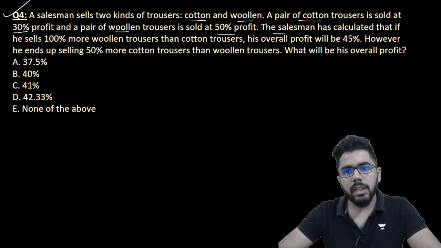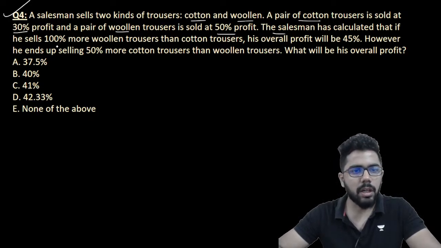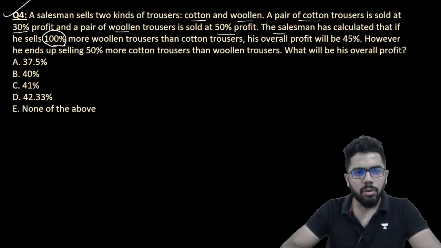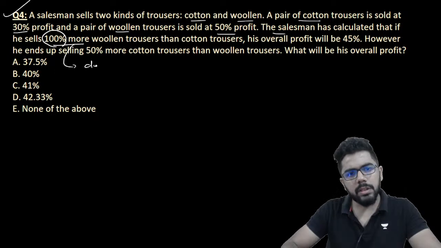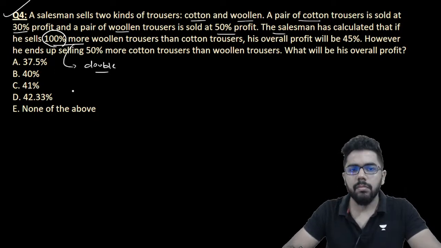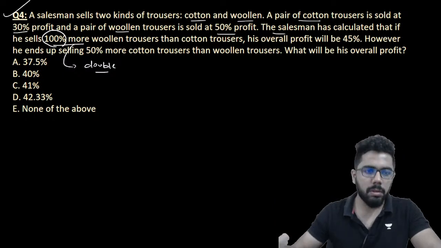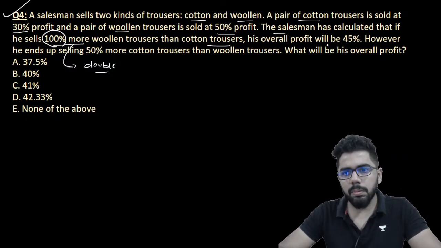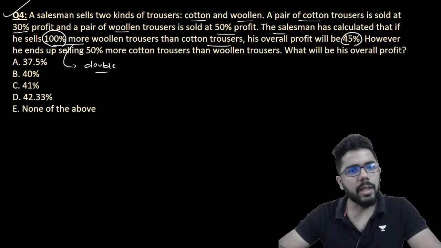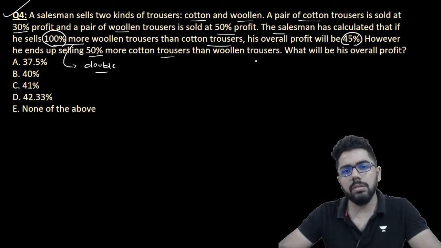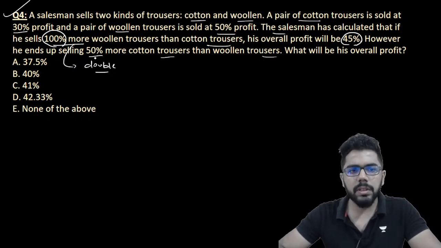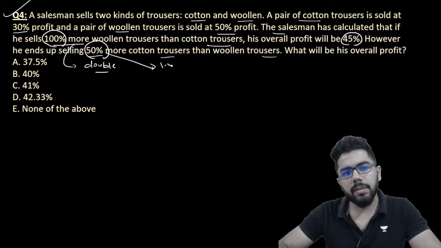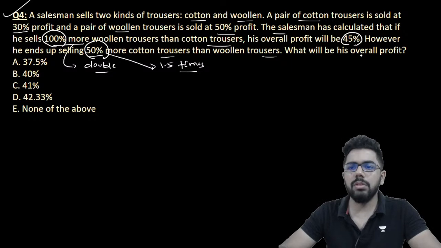The salesman has calculated that if he sells 100% more woolen trousers than cotton trousers, his overall profit will be 45%. 100% more means double. However, he ends up selling 50% more cotton trousers than woolen trousers. 50% more means 1.5 times. So what will be his overall profit?